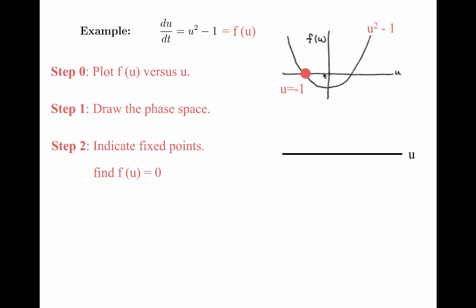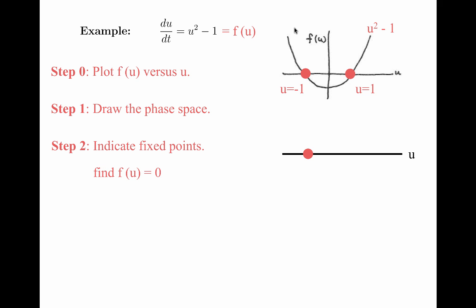Good. There's another fixed point. Actually, before doing that, let's plot this point in our phase space. So we're going to take this point, u equals minus 1, and indicate this fixed point in our phase space. So here's one fixed point. There's another fixed point. Again, we can see it directly from our plot of f versus u.